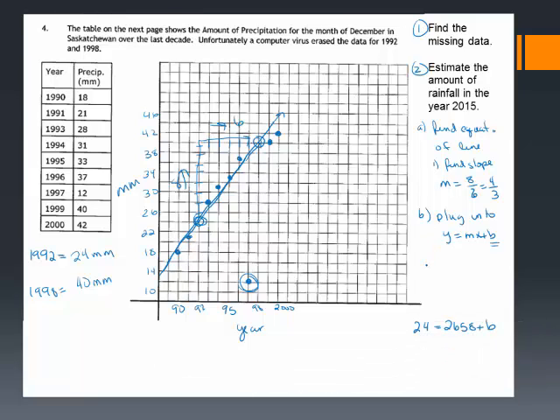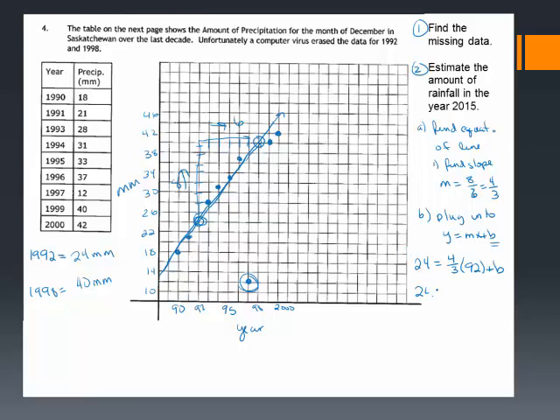Okay, so I'm going to use the year 1992 and 24 millimeters. Now 24 millimeters is equal to 4/3 of 92 plus b. Now 4/3 of 92, I'm going to do 4 times 92.